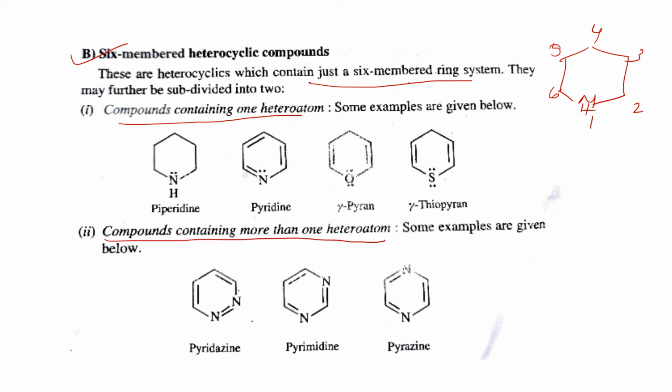The first one is compounds containing one heteroatom. Examples for that are piperidine, pyridine, gamma-pyran, gamma-thiopyran. The second classification is compounds containing more than one heteroatom. Examples are pyridazine, pyrimidine, pyrazine.